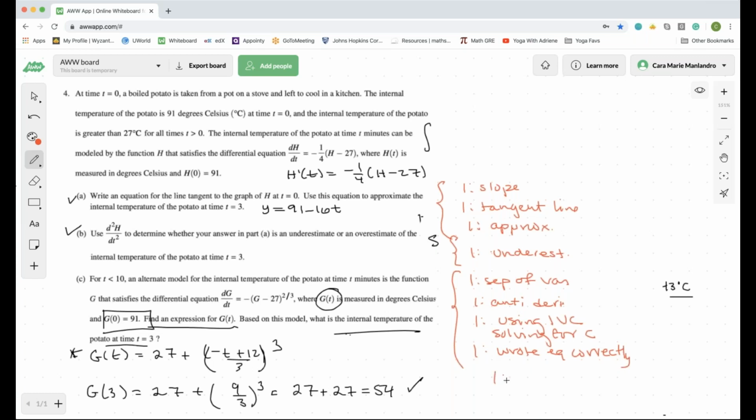And then you got a point if you found G of 3. So again, what's going to differentiate might be a point. So you want to make sure you write out all of the work, if that makes sense. Hopefully that's helpful.